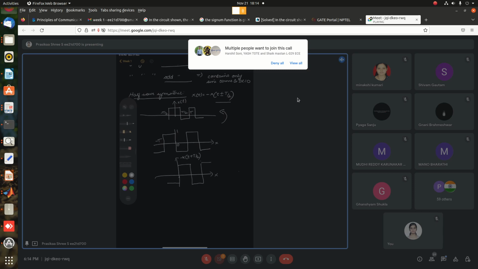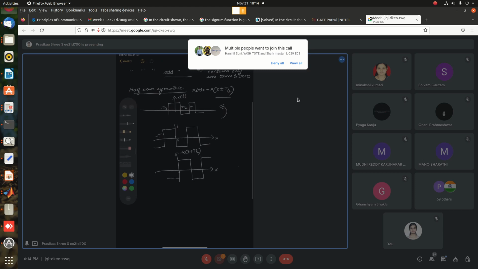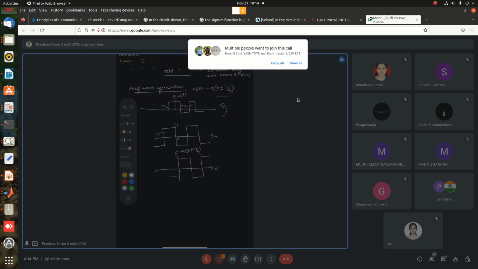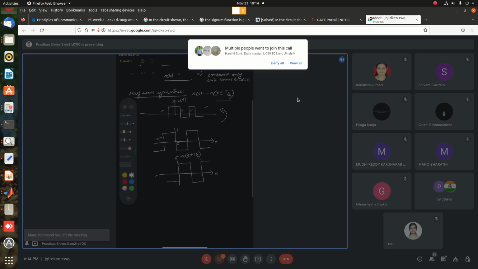Okay, this is a counter example which I have given. Suppose you have t and minus t, and you're shifting by T by 2, what will you be getting? You can try examples for half-wave symmetric such that this property is satisfied.